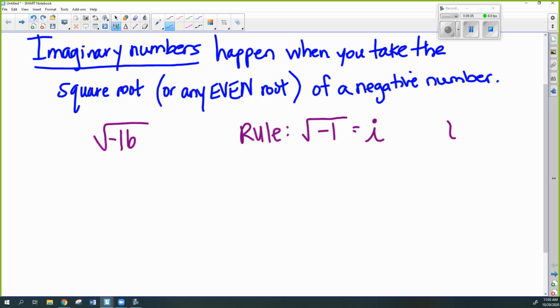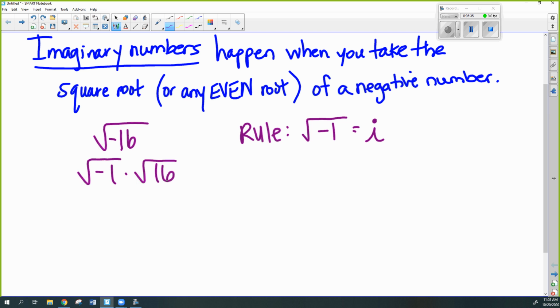Okay, so if the square root of -1 is i, I can technically write any square root of a negative like this. I'm going back to my square root of 16. Technically, I can write any number that's negative as -1 times the positive number. You still with me?